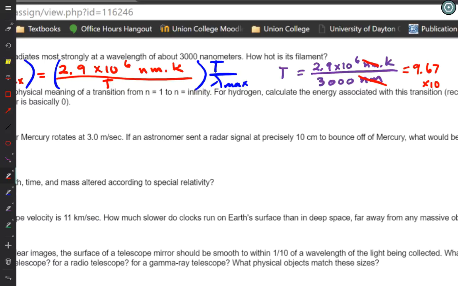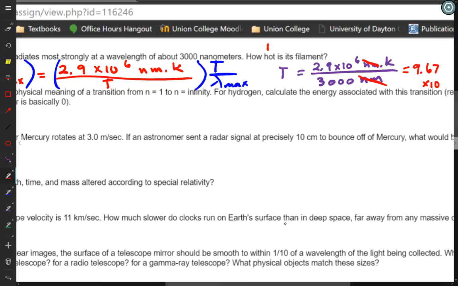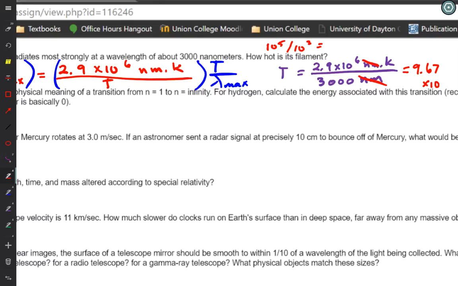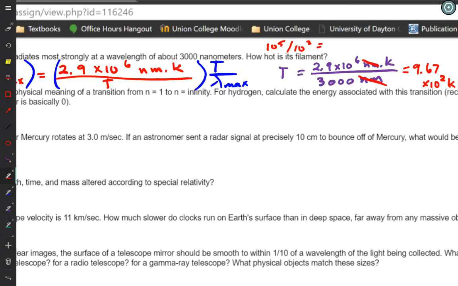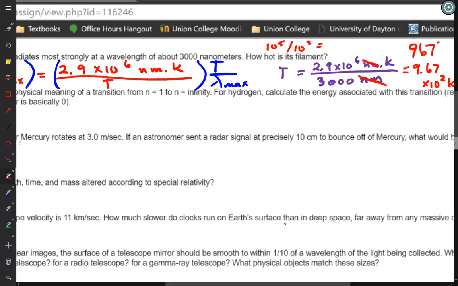How do you do that math? Yeah. How do I do 10 to the fifth divided by 10 to the third? Subtract the exponent. So that's going to be equal to 10 to the 5 minus 3, which is 2. So times 10 to the 2 kelvins. Of course, 9.67 times 10 to the 2, there's a simpler way to write that. 967 kelvins.